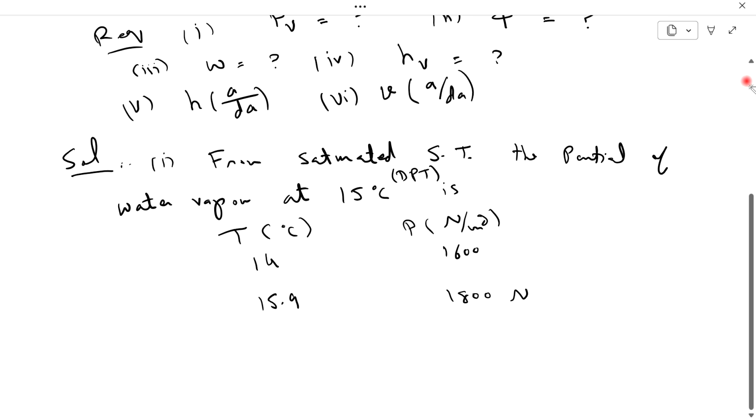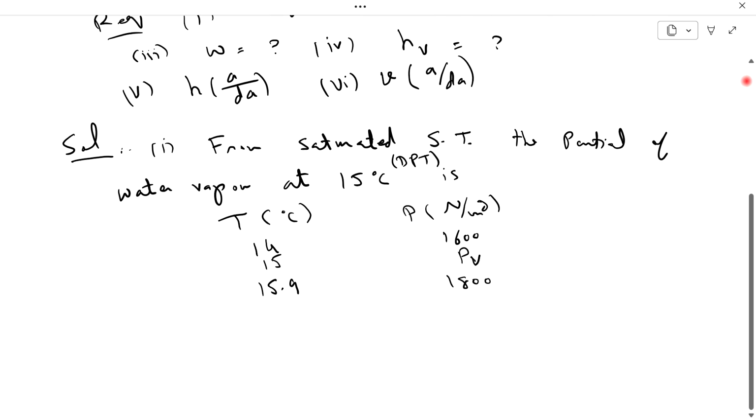At 15 degree centigrade we have to find the partial pressure of vapor from interpolation.